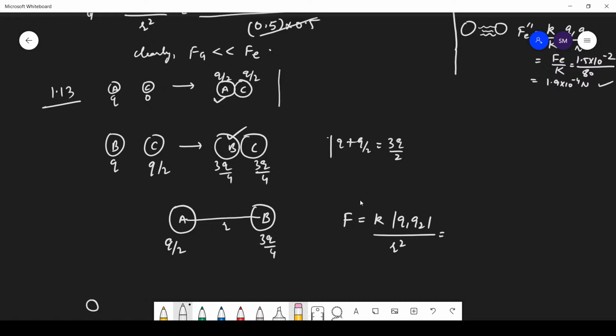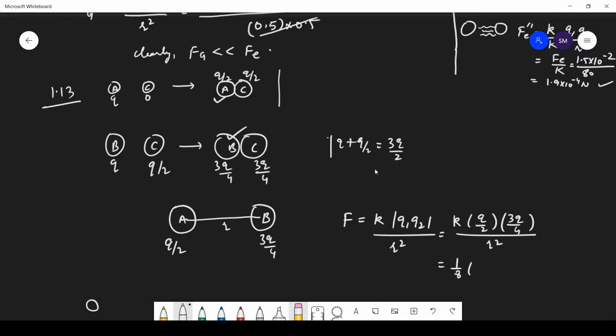Let us put in the values: Q1 has become Q by 2 and Q2 has become 3Q by 4, divided by R square, and that equals 1 by 8 K Q Q by R square.